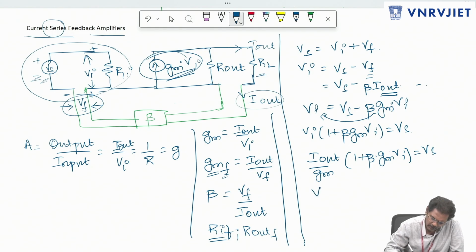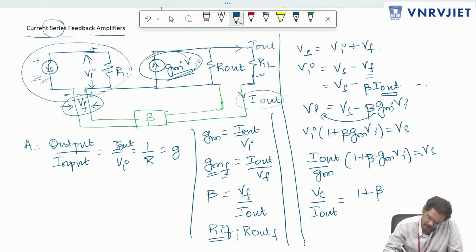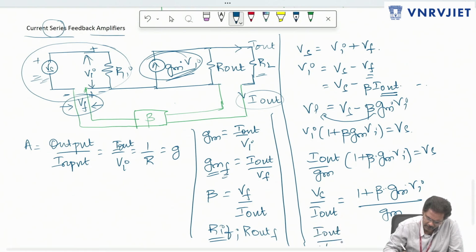Now I need I out by Vs, that's what is of interest.